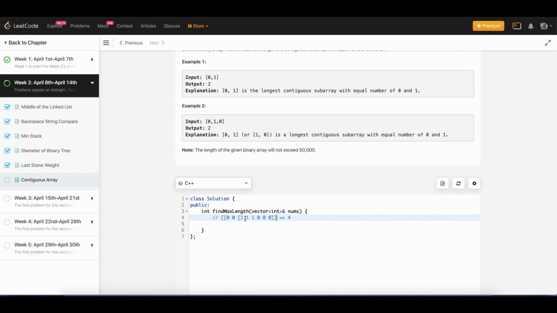All right, so the way we can solve it, what I'm thinking right now is calculating the total number of contiguous zeros up to a certain point, and the total number of zeros and ones up to certain points.